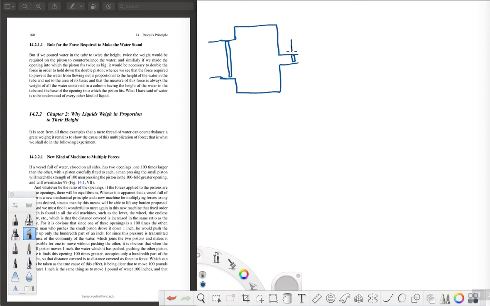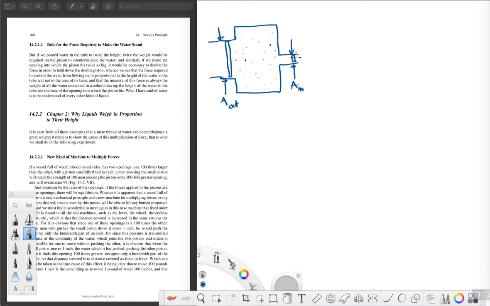Let's suppose this tube has a diameter so that the cross-sectional area is A, and this tube coming out on this side has a diameter such that it has a different cross-sectional area A. Let's call that the area on the output side, and we'll call this the area on the input side. And again, one has to imagine that this entire region is filled with a chamber full of water, let's say.